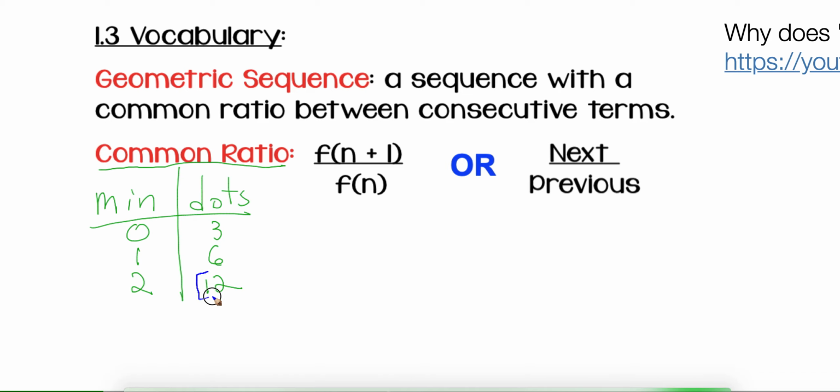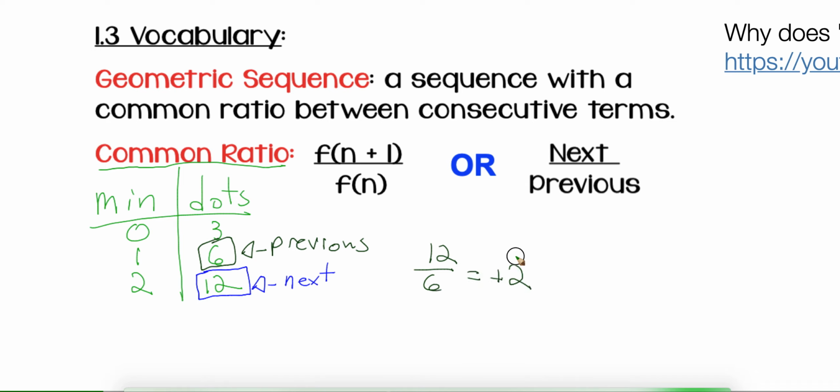So if I took this number of 12 and claimed that this was my next, and then I continue to take my number of 6 and claim that this is my previous, what would that common ratio be? Hopefully you're saying 12 over 6, which can be simplified to just positive 2.